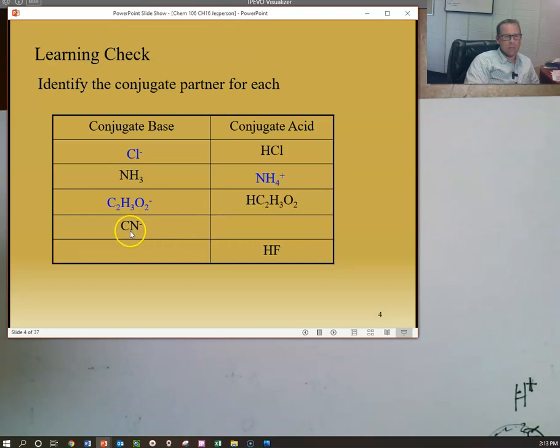So it's going to be HCN. And the charge is not going to be negative anymore because like here, Cl minus went to HCl. It didn't go to HCl plus because we just add one positive charge and that goes from minus to neutral. So this is going to be HCN. Does that make sense?